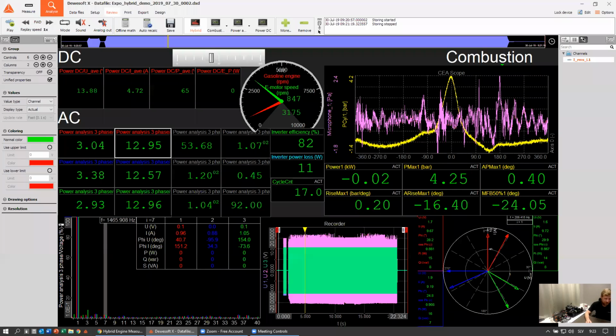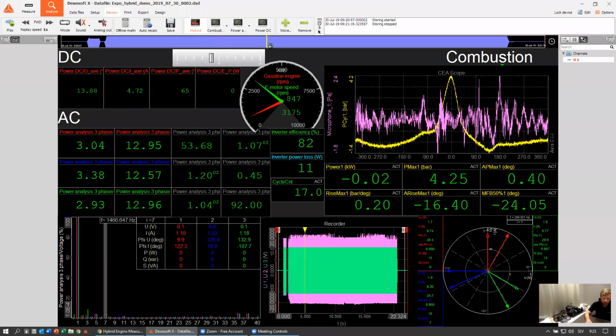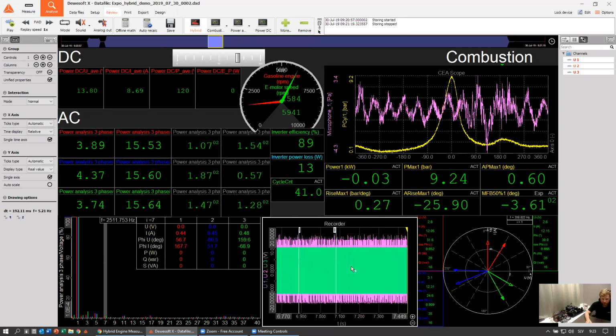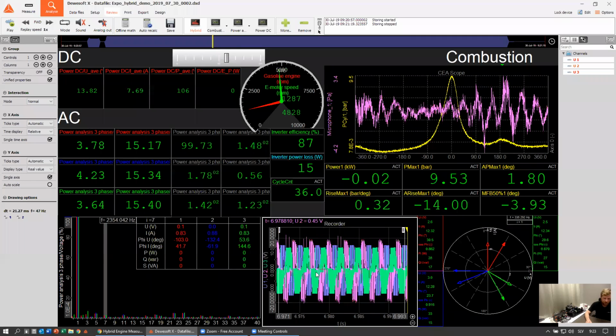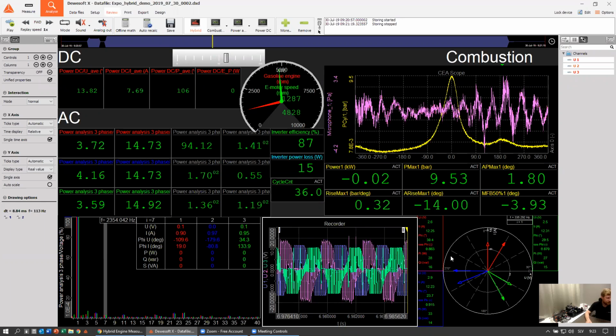We have a complete harmonics analysis of the electric motor. We have all three voltages and currents available in the time domain, and we also have the vector scope.